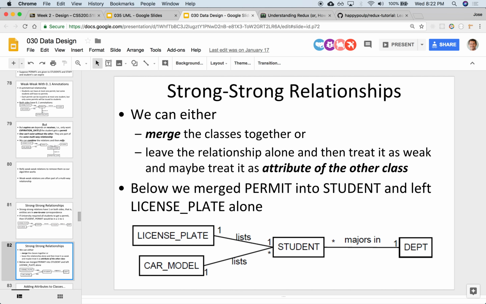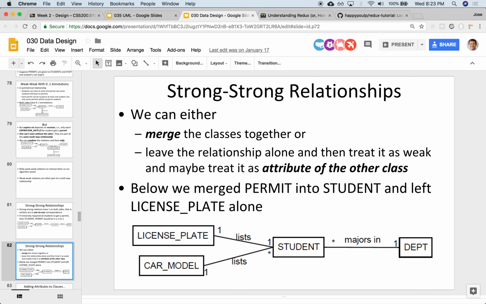And we might decide to merge the attributes of a permit into the student, since it was a one-to-one relationship. We might decide that the permit is not enough to live in its own class, that it could be part of the student class and get merged into the student.